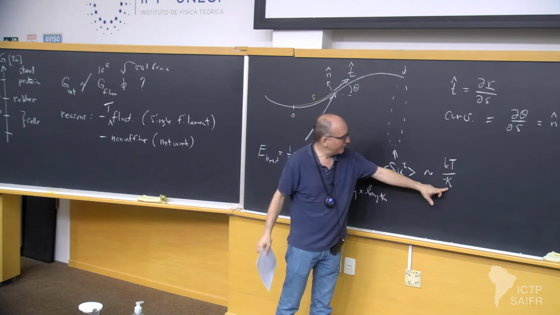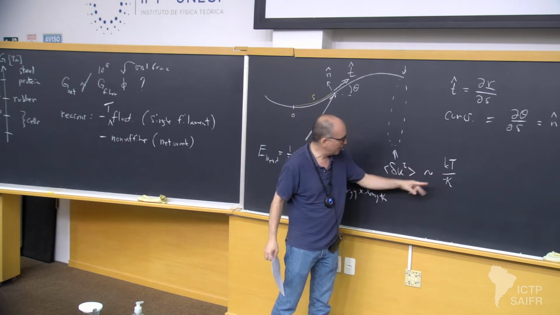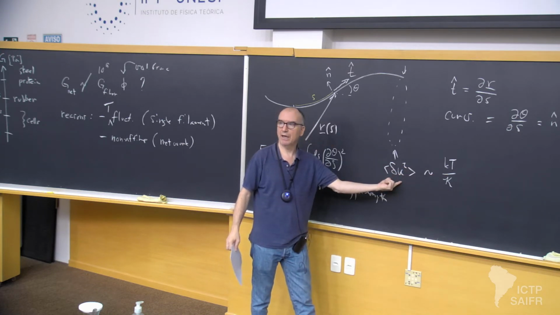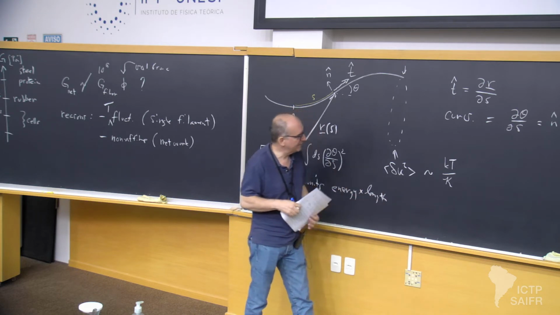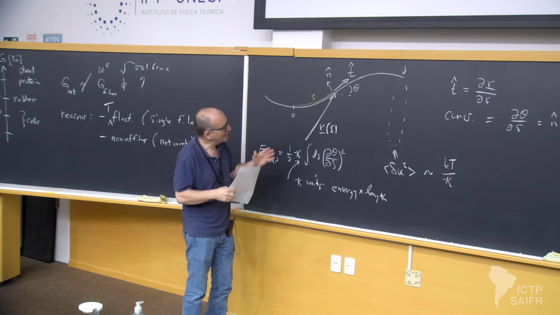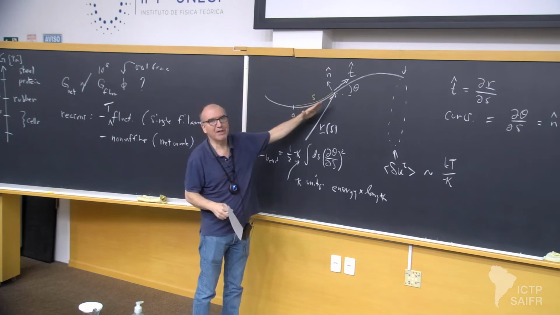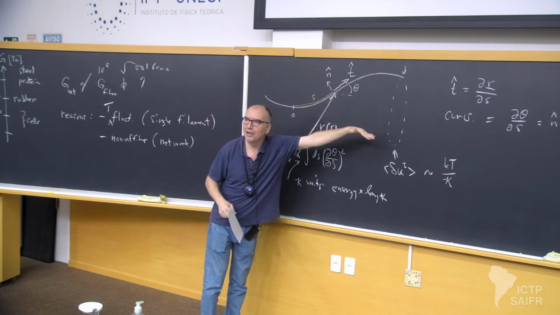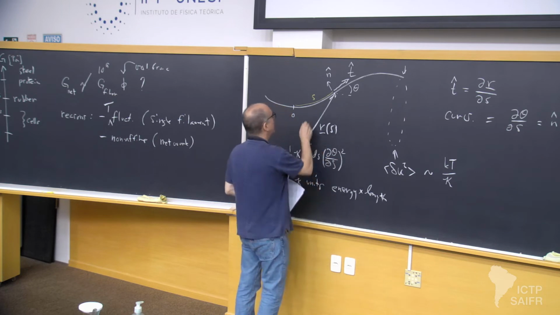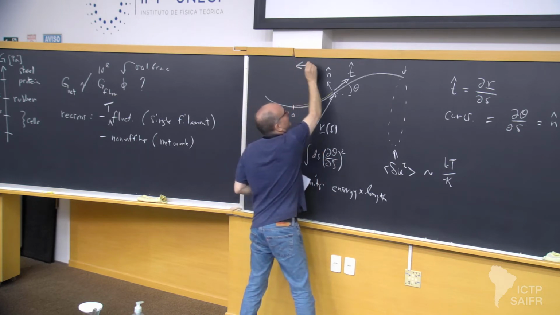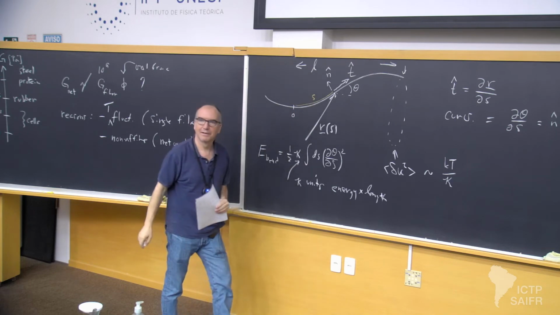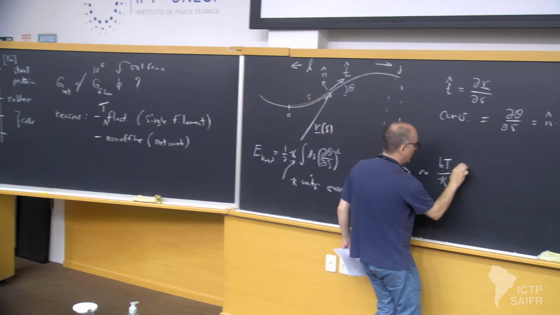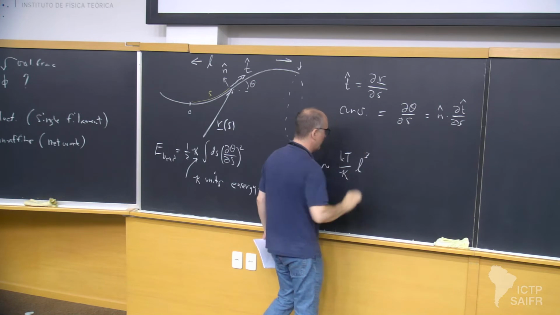Kappa is units of energy times length, so this is an inverse length. How do I get a length squared? There must be some other length. What's the most relevant length? Well, obviously those fluctuations grow as I move further along it. So if my scale of interest here is, I'll call it L, then this should go like L cubed.